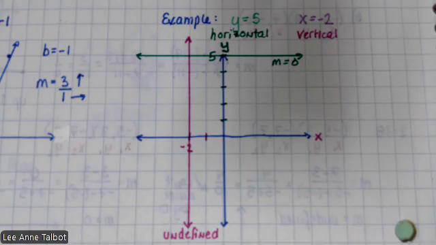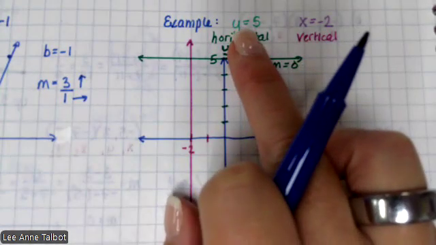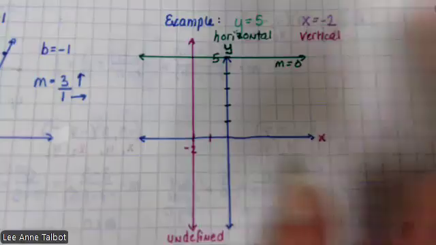That has an undefined slope, and its equation was x equals -2 because it crossed the x-axis at -2. Okay, so that means that, what's the one we're working with? Horizontal or vertical? Horizontal, right? Okay, so our equation should look like y equals a number.